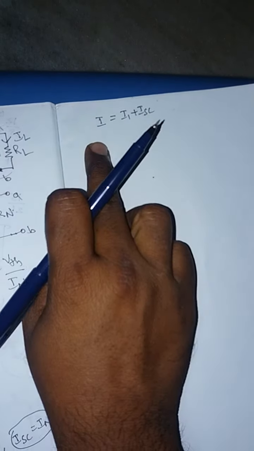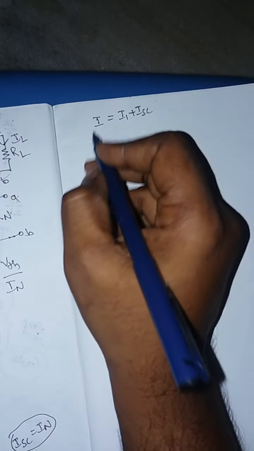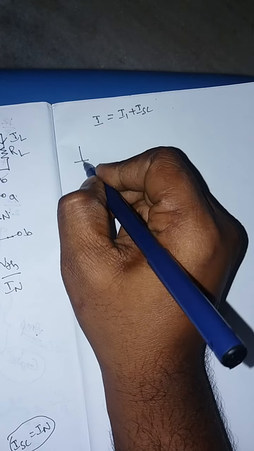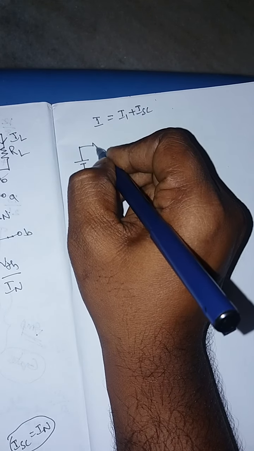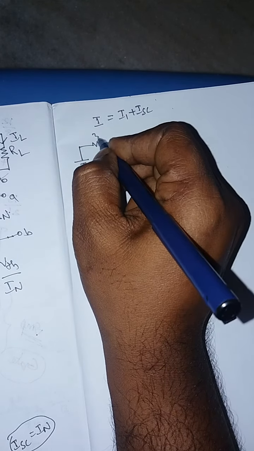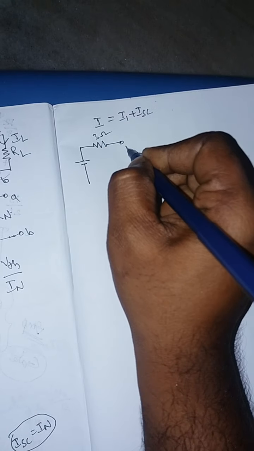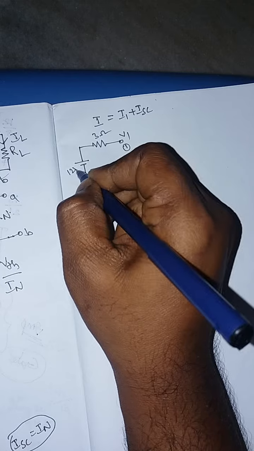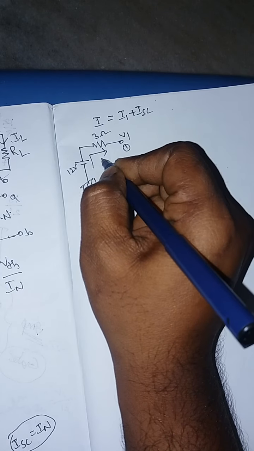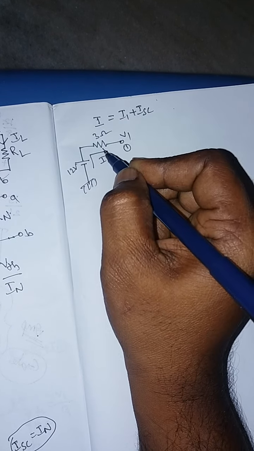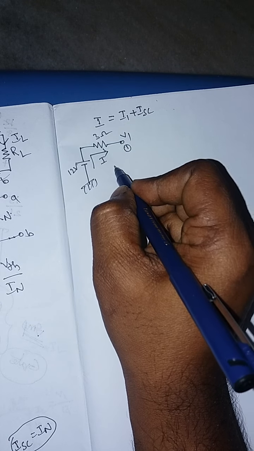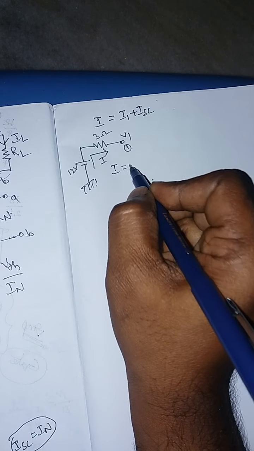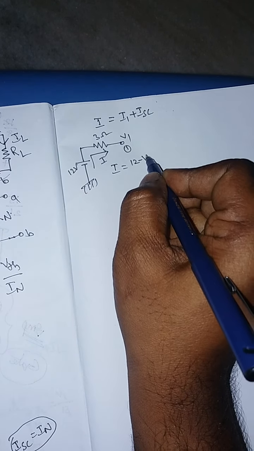Now what is the equation for I? This is 12 volts, and here 3 ohms is there, with node voltage V1. Current is I. The expression for current is (12 - V1)/3.